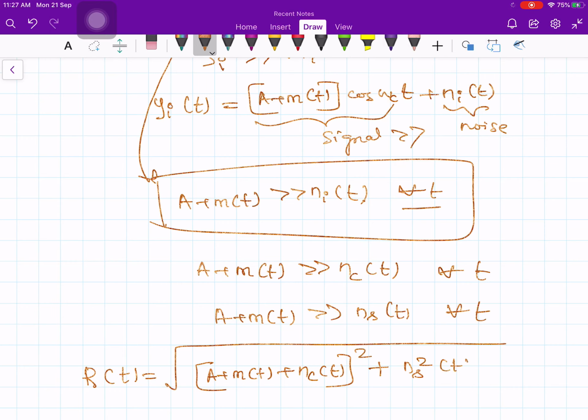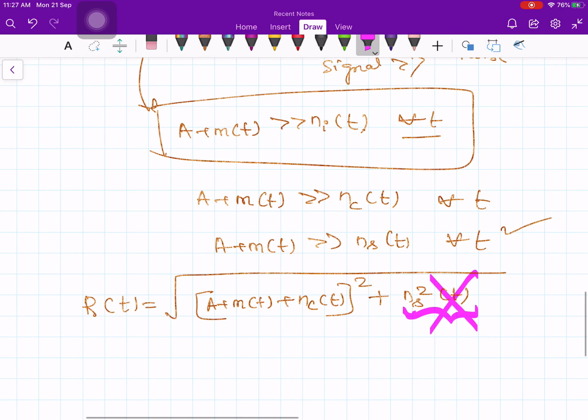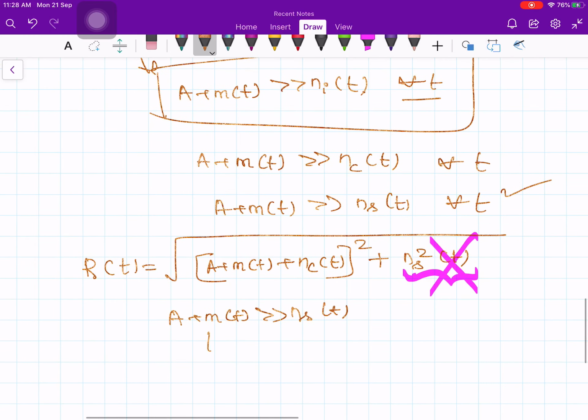Now if you make this assumption, then you can disregard this term. Therefore, for A plus m of t much greater than n_s of t, this implies R of t is equal to A plus m of t plus n_c of t. Okay, this is my envelope.